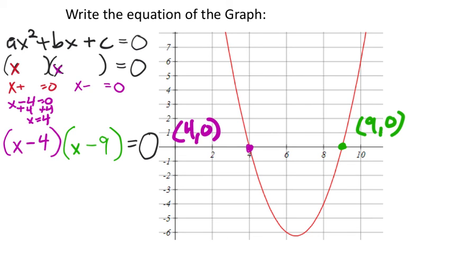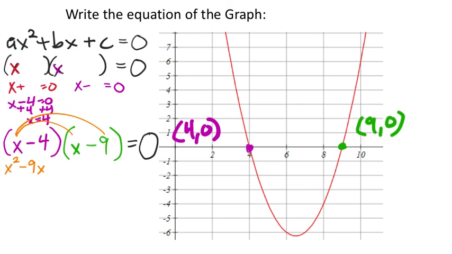Now, that's not really a quadratic formally, because we need to multiply those two binomials. So look at this. I'll use some FOIL on this one, really just for the sake of space. x times x is x squared. x times negative 9 would be negative 9x.